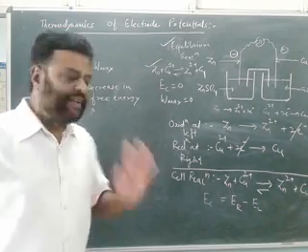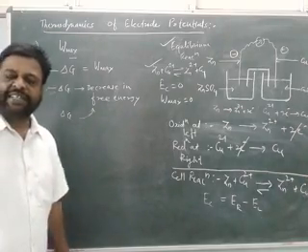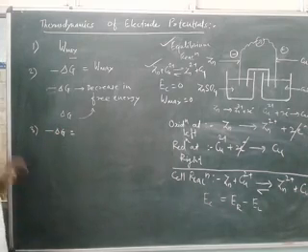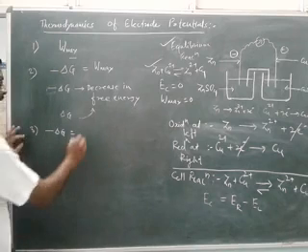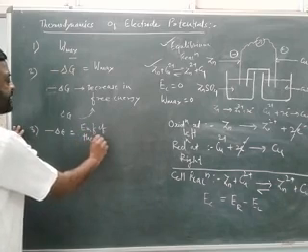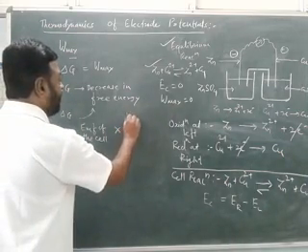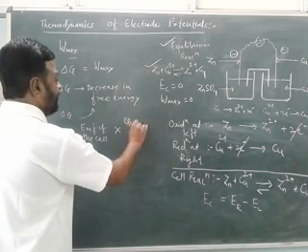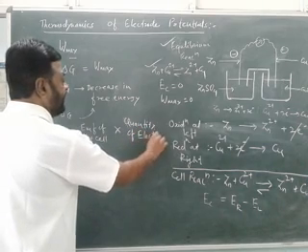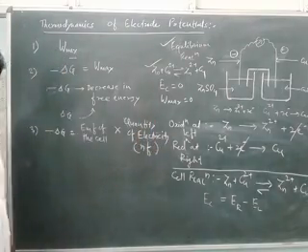ऑल ऑफ क्लियर. Third point is that decrease in free energy is equal to the product of EMF of the cell and quantity of electricity, that is nF, quantity of electricity.